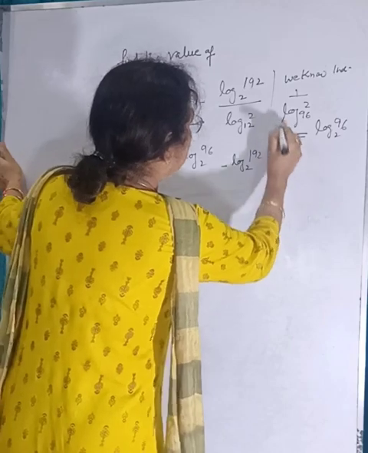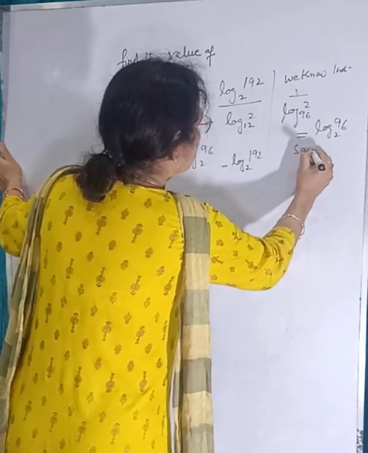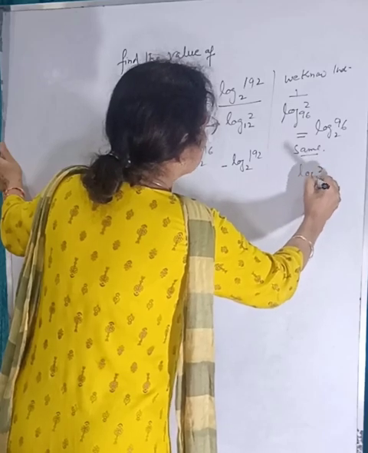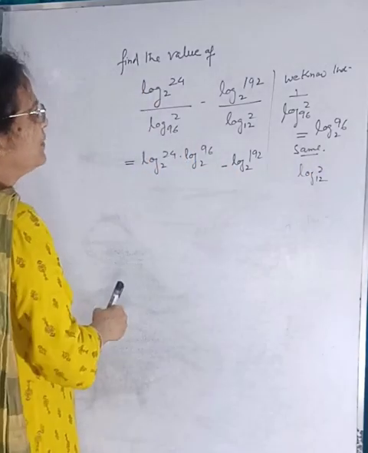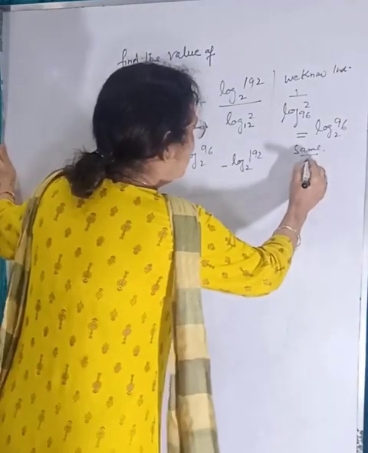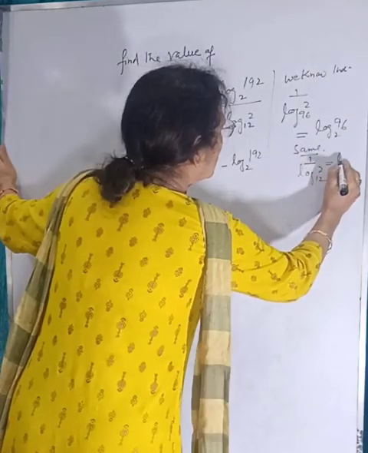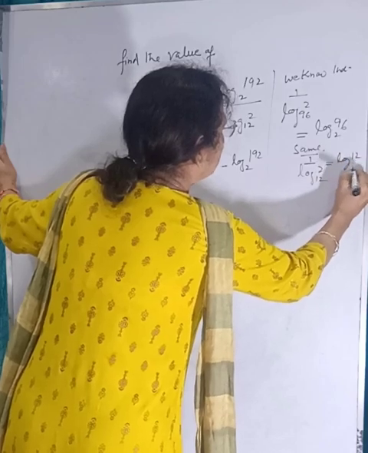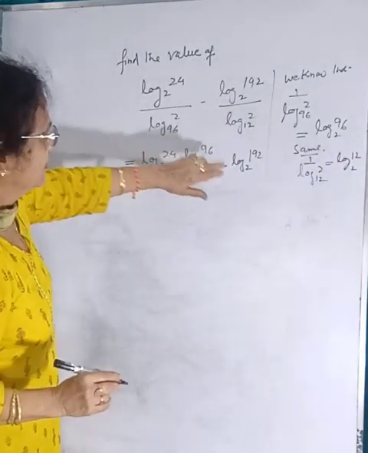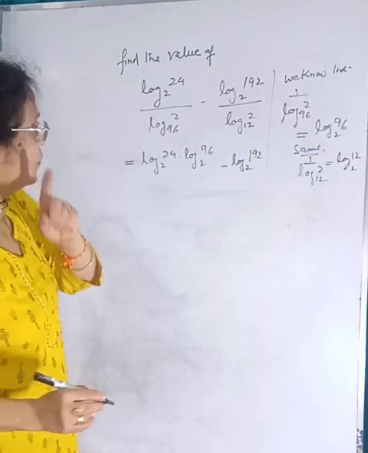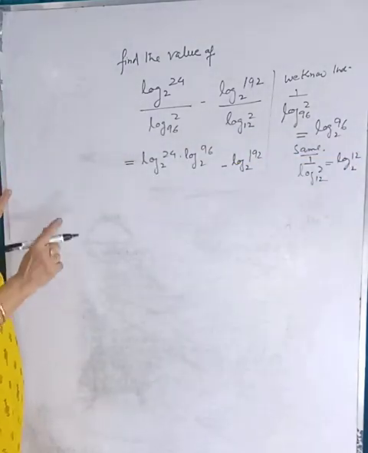Same as, log of 2 with the base 12, न्यूमरेटर में जाएगा 1 upon है ये जब, तो ये बन जाएगा log of 12 to the base 2, because ये डिनोमिनेटर में है, ये चेंज हो जाएगा as per the log table rule, logarithm rule.